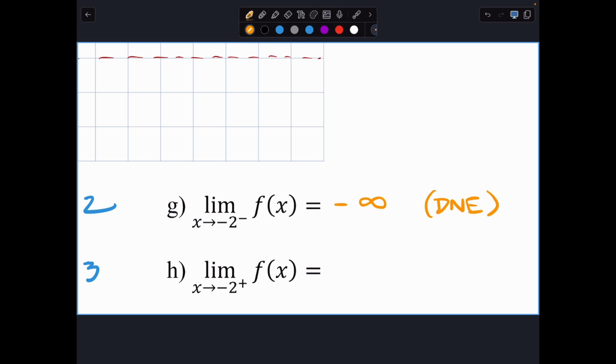But by saying the limit is equal to -infinity, it gives us a description or an understanding of how the limit fails to exist. So the limit is technically DNE, and it's because the y values are trending towards negative infinity.